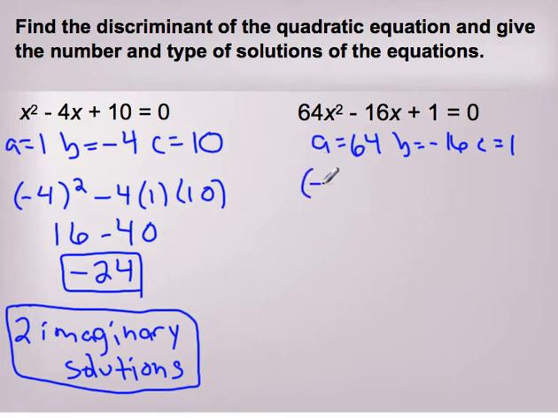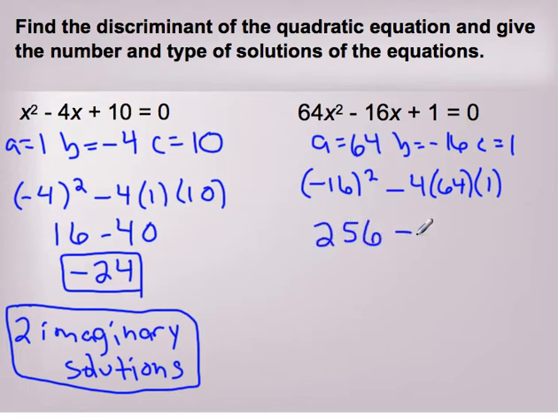B squared, I'd take -16 squared minus 4 times 64 times 1, okay? Now if I work this out, if I take -16 squared, that would be 256, okay, and then 4 times 64 is also 256, and you multiply that times 1, it's still 256.